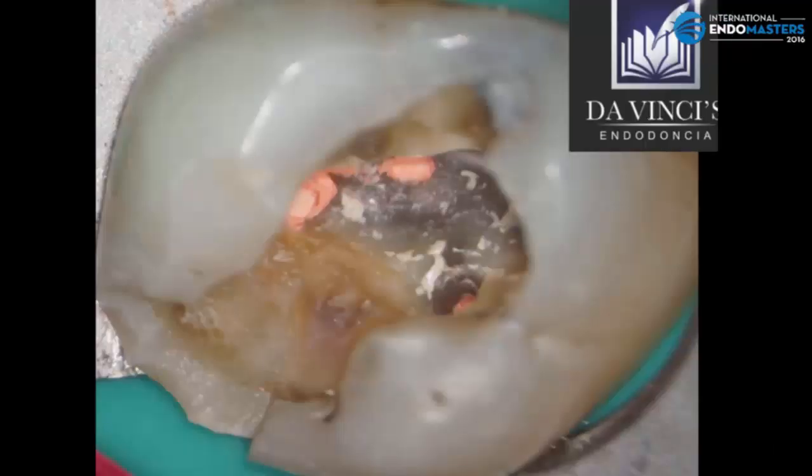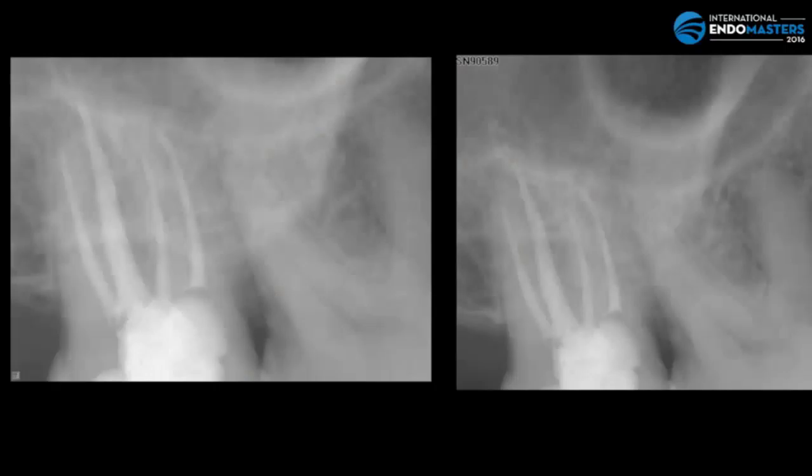I finish my obturation with the continuous wave technique using the Elements Free obturation unit. This is the final view of the obturation, so we can see the four canals right there. And here we can see the final X-rays showing the four canals: the MB1, MB2, the palatal, and the distobuccal.